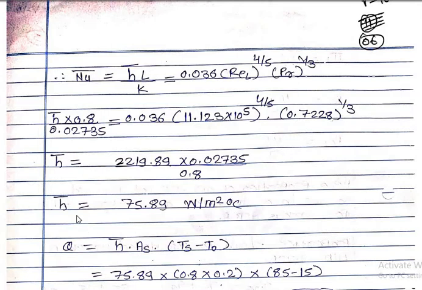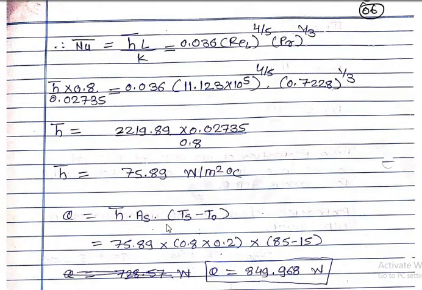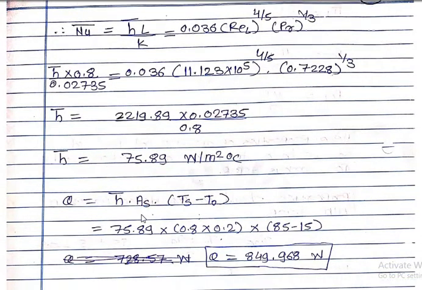Okay, now we have to find the heat loss from the crankcase, that is the heat transfer rate Q. Q is equal to h bar multiplied by A_s, the surface area, multiplied by Ts minus T naught. The surface area for the plate is the multiplication of width and length.